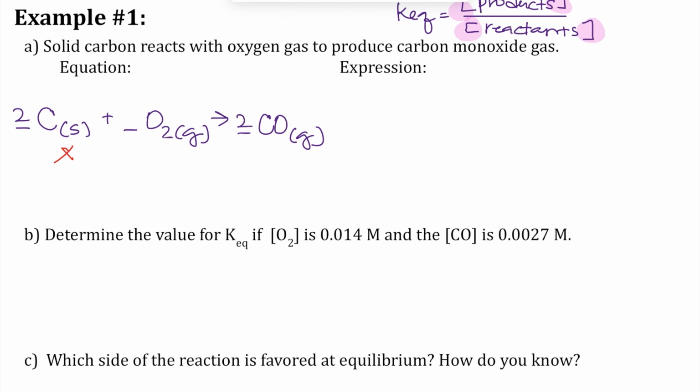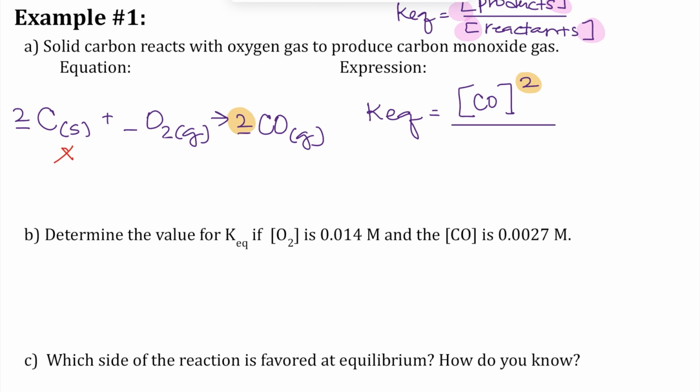So now as I write that equilibrium expression, I've got KEQ, and that's going to be concentration of my products. In this case, we only have one product. So we have concentration of carbon monoxide, and anything that was a coefficient for balancing is going to become an exponent to account for the 2 moles that we have.